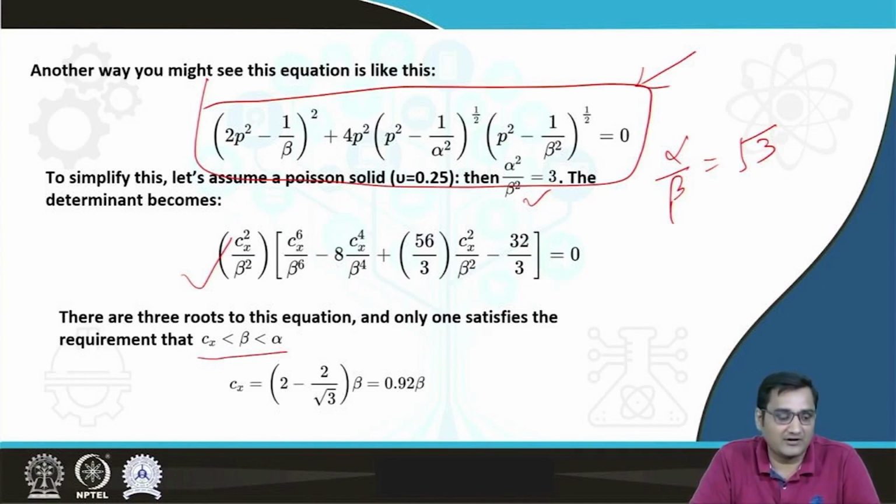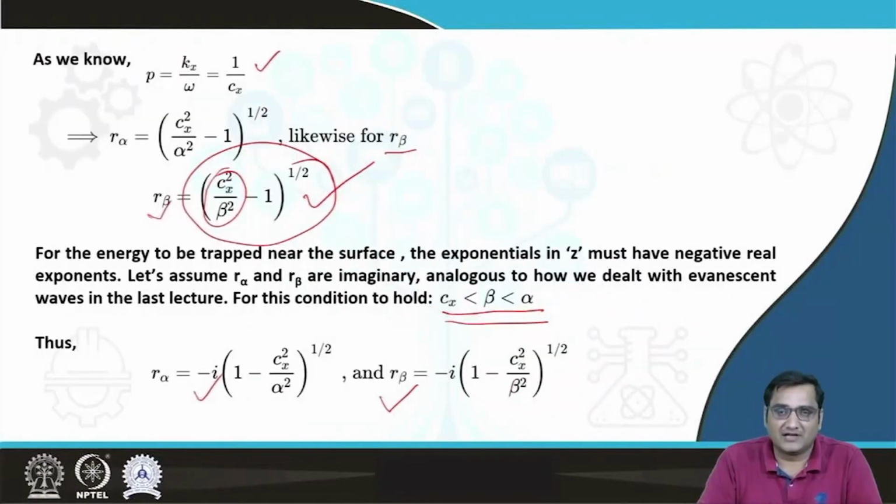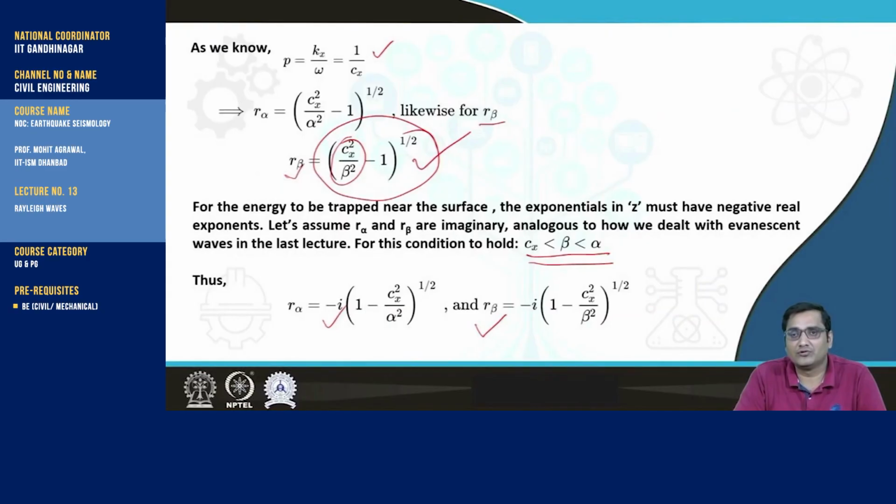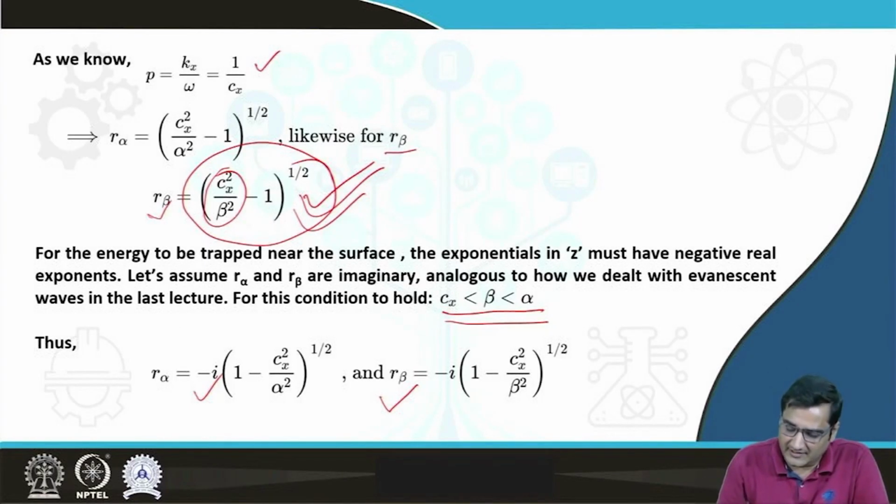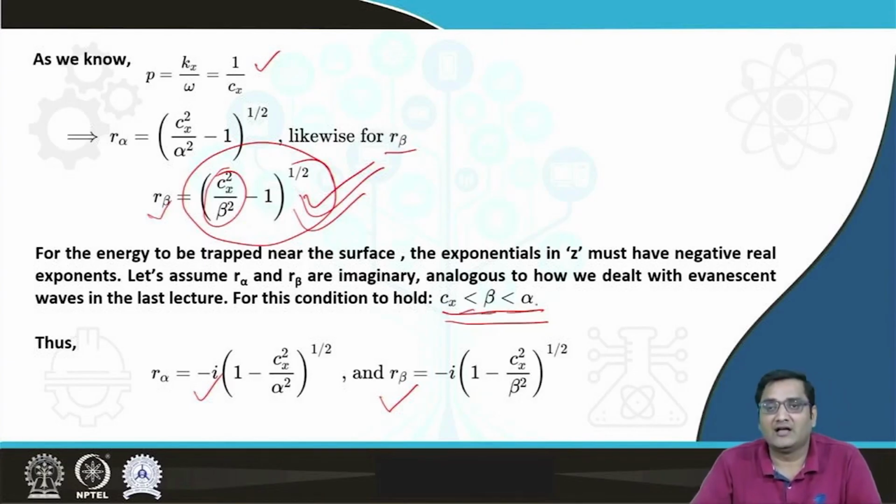If you remember, in the previous slide we said that the wave should be trapped near the surface. In order to do so, the exponential in z must have a negative real exponent, so r alpha and r beta should be imaginary. For r alpha and r beta to be imaginary, cx should be less than beta and beta should be less than alpha.